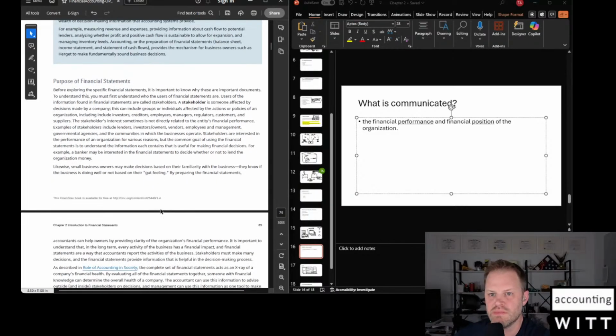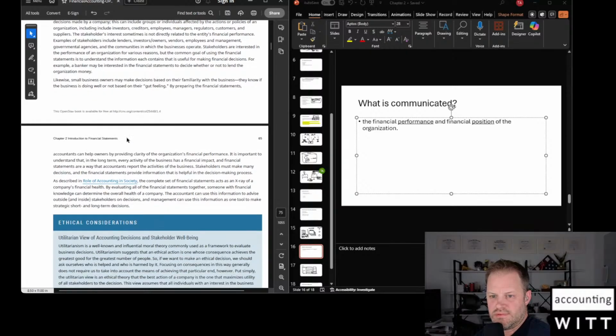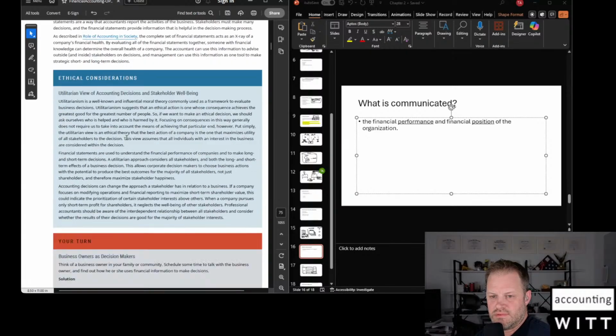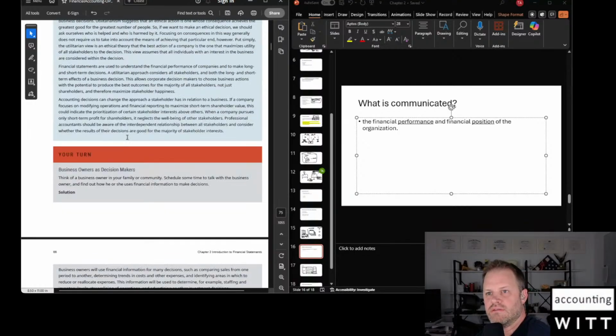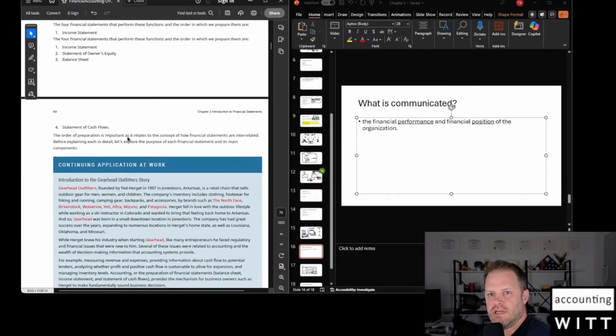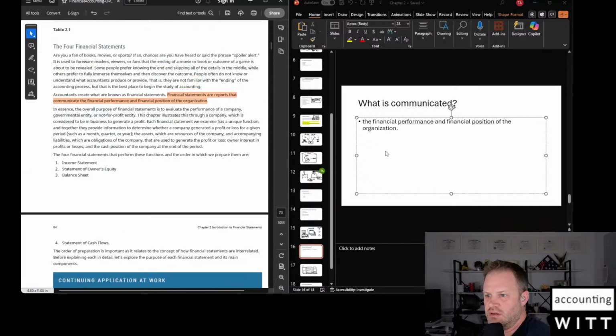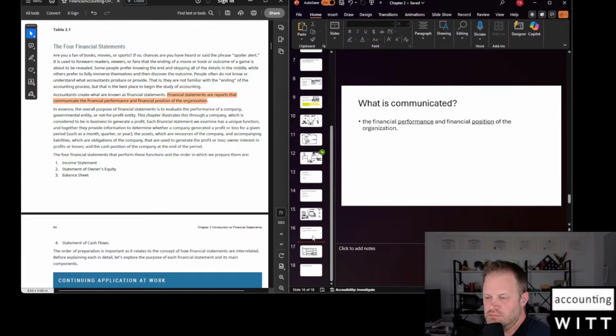Purpose of financial statements. Okay. We've introduced stakeholders already. All right. Here's how I want to explain this part. What is communicated?